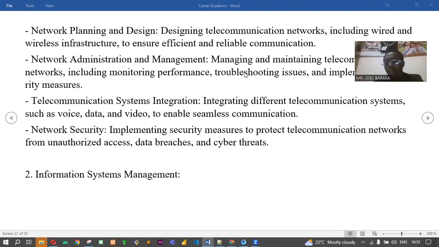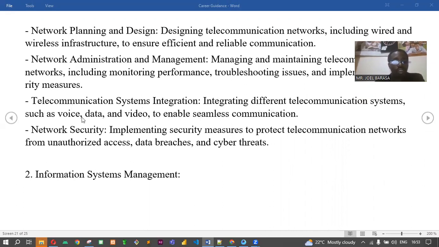Also, you become an auditor. We have IT system auditors. When you work with companies with CISCO or CIA and so on, then you become a certified auditor in terms of IT systems. Telecommunication system integration.